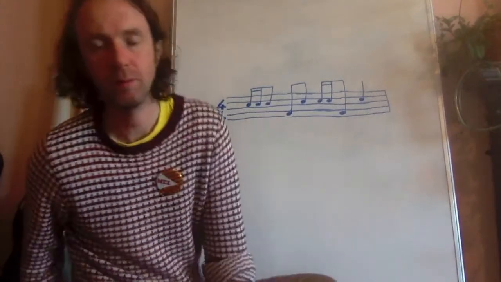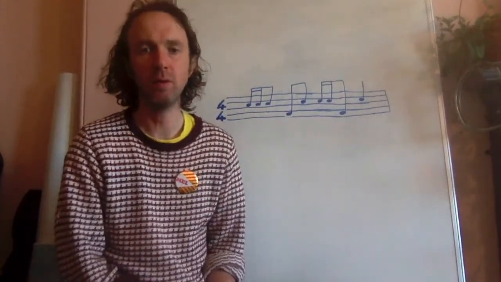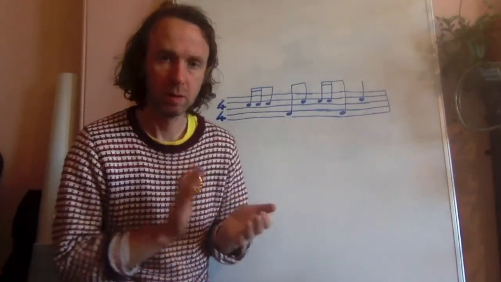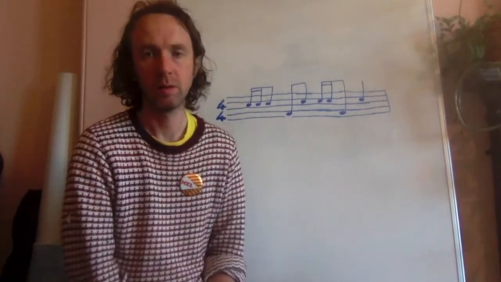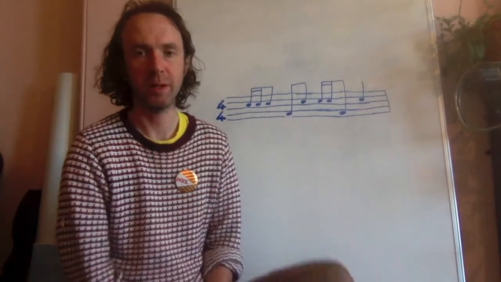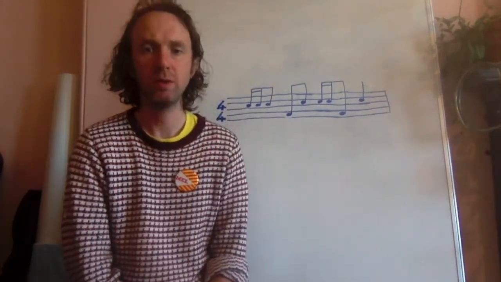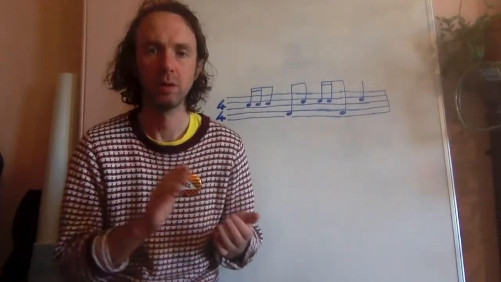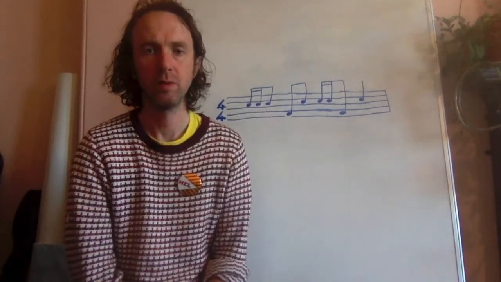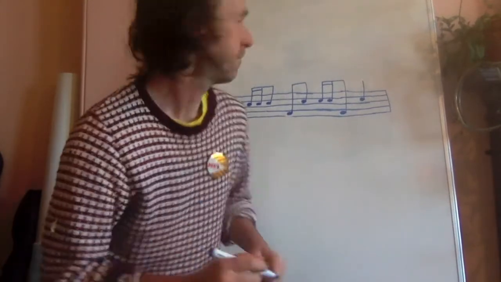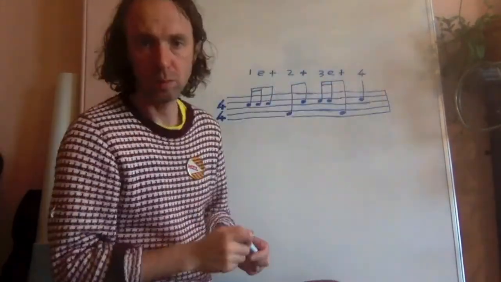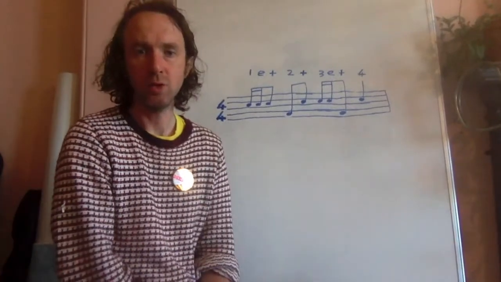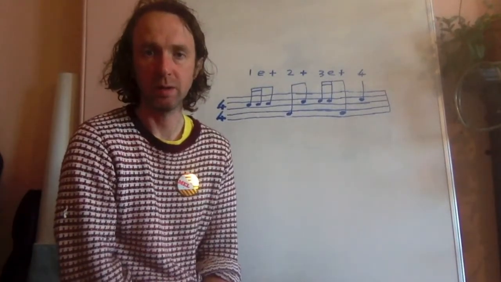Let's play it. After 4, 3, 4. Okay, so a bit tricky. Let's do that again. 2, 3, 4. Very good. 1 E and 2 and 3 E and 4.